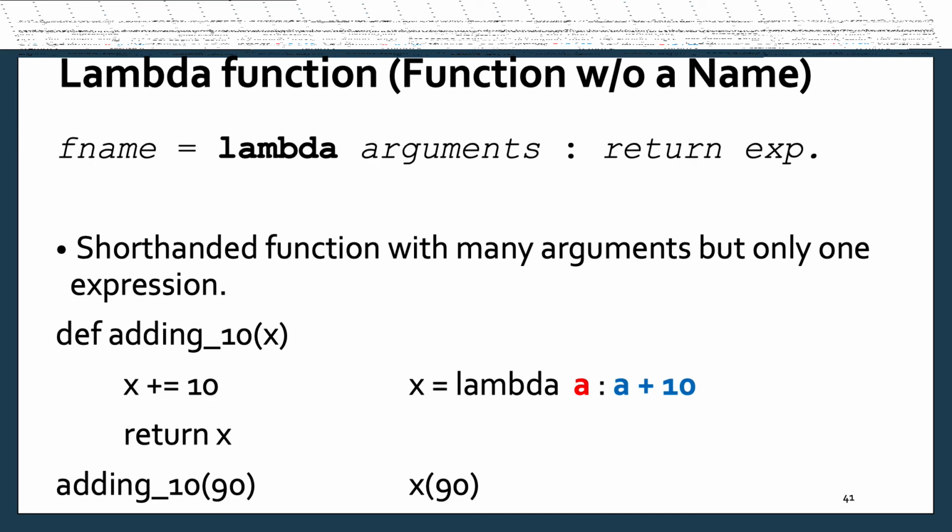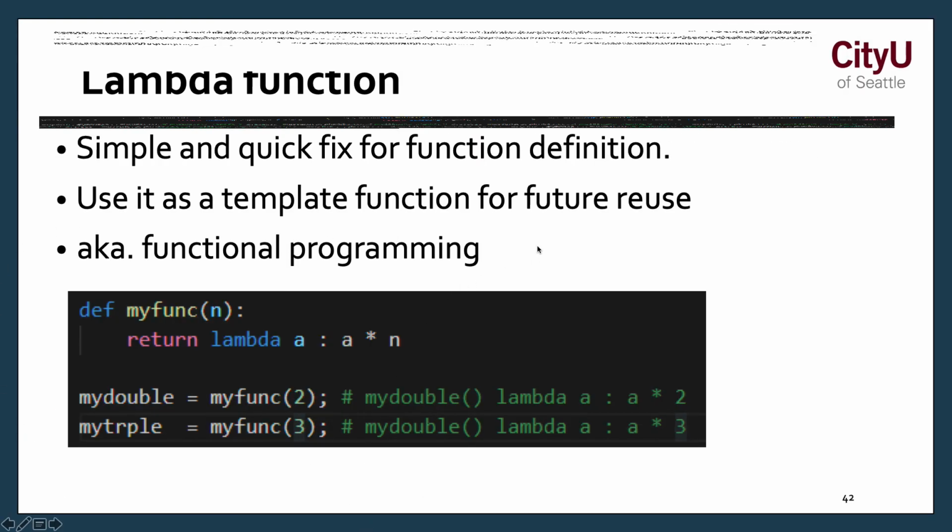So if you see a variable, and then the variable has an open parentheses, again, like in this example, requires an argument, it means that this variable is a function, right? Again, they're similar. Simple and quick fix for function definition. Use it as a template function for future issues, aka functional programming. As you can see, it's so elegant, right?